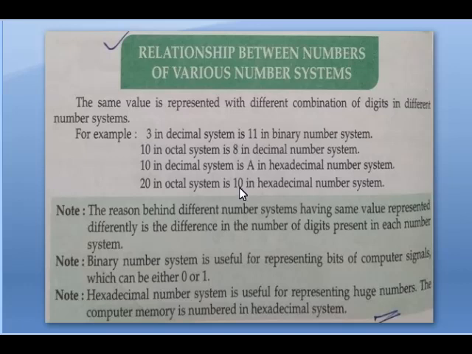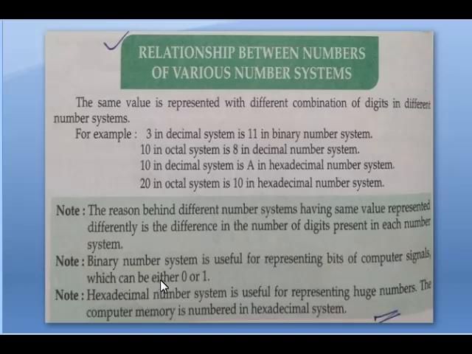Okay, here some notes are there. Note 1: the reason behind the same value being represented differently in different number systems is the difference in the number of digits present in each number system. Then the binary number system is useful for representing bits of computer signals, which can be either 0 or 1.